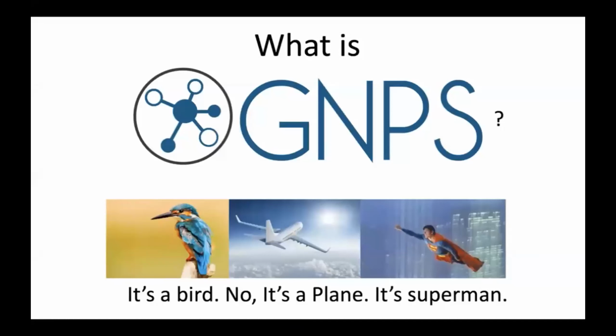Now, what is GNPS? Well, it stands for Global Natural Product Social Molecular Networking, and it's really a knowledge capture and analysis ecosystem that is built with and for the community. And I think that's really important. It's with and for the community. So it's not just us that is building this.